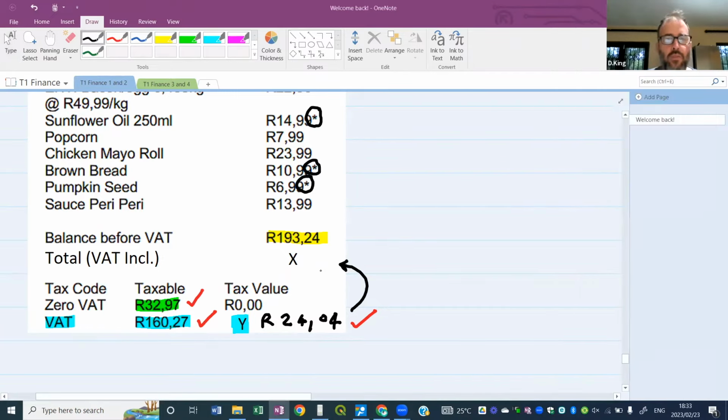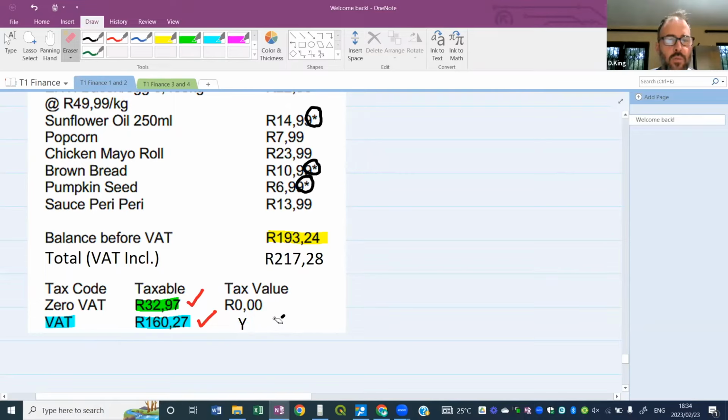So this value here for X, I'm going to type in there 217 and 28. So that is the total that you're going to pay for all the items, whether they're VAT rated or not. That's how much you have to pay in your slip, and you're going to reach for your credit card or your debit card to help pay for that.